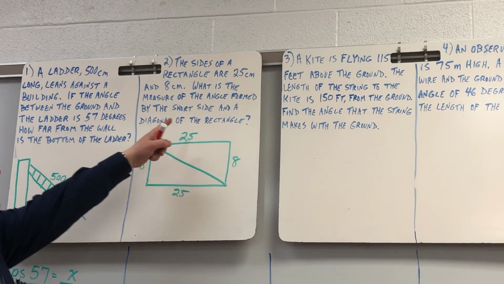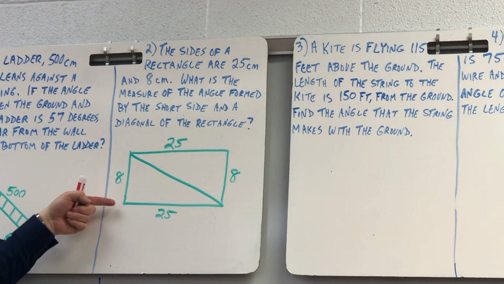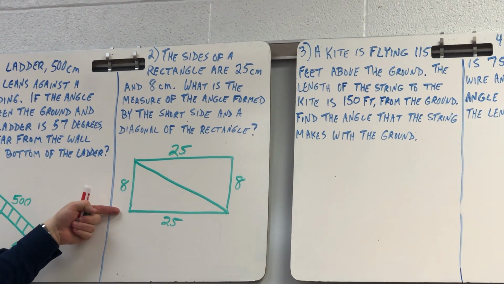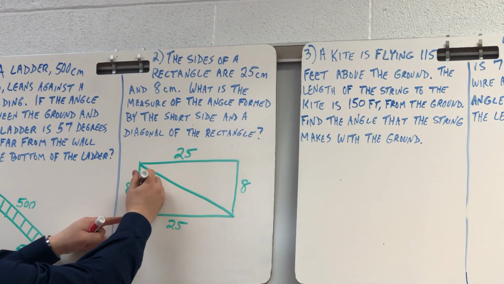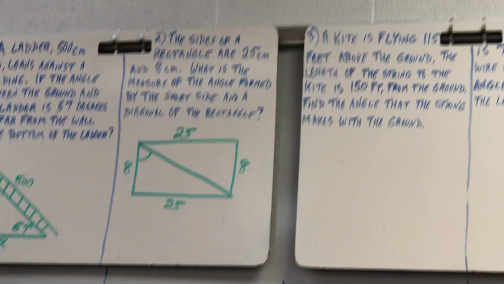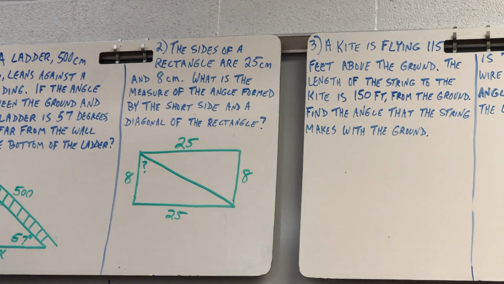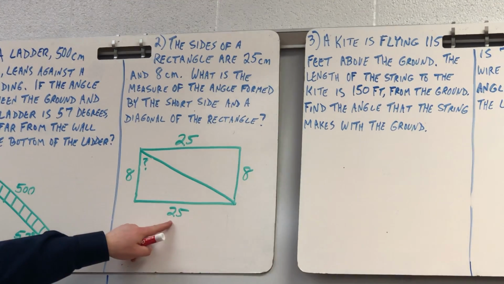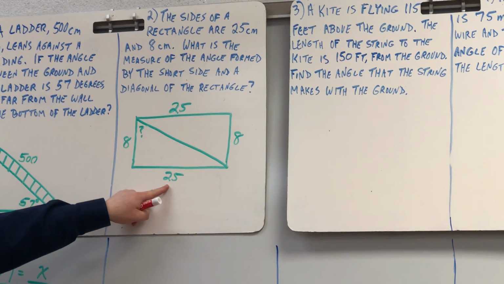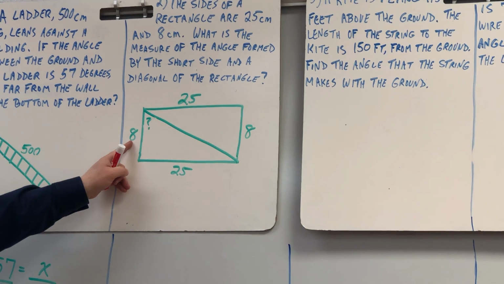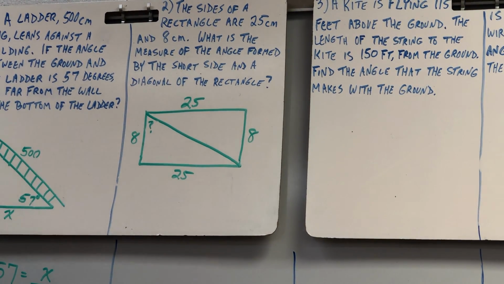What is the measure of the angle formed by the short side and the diagonal? That would be this guy here, right? So, I want to know what that angle is. 25. Is that opposite, adjacent, or hypotenuse? Opposite. And 8 is the adjacent. So, opposite and adjacent.